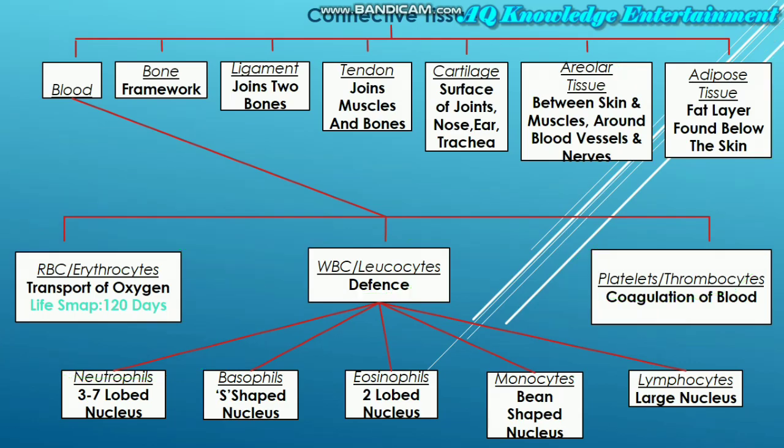We can say red blood cells or white blood cells directly, but there's a different scientific name for each. Erythrocytes for the red blood cells, leukocytes for the white blood cells, and platelets are also called thrombocytes.